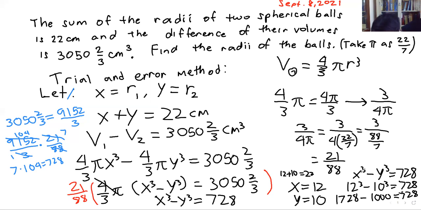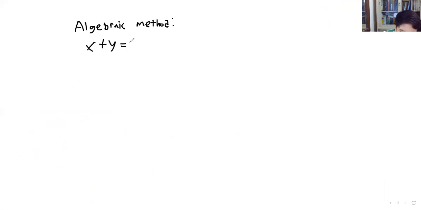What's the next page? There is also a way to solve it purely algebraically. So this is the algebraic way. From earlier, we saw that x plus y equals 22. From there, we can show that y is equal to 22 minus x.